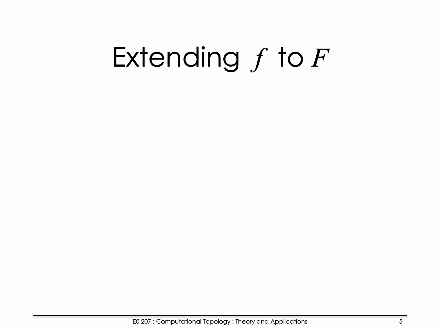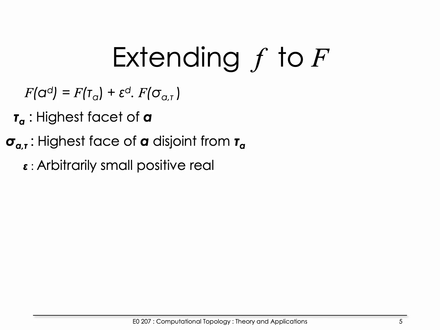Let us begin by looking at the first step of the algorithm, namely the extension of small f to a discrete Morse function capital F. The discrete Morse function capital F at a particular cell alpha is computed as follows. Let T sub alpha be the highest facet of the d-dimensional cell alpha.